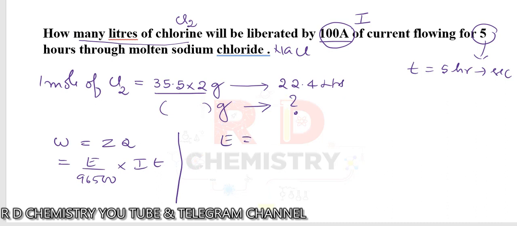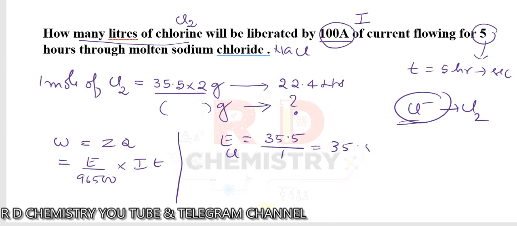E is equal to the equivalent mass of chlorine. We'll take it in terms of the element chlorine. Initially the chloride will become a chlorine molecule, so I'll be taking the chlorine atom. Its atomic mass is 35.5 divided by the valency of chloride, which is 1. So it is 35.5.